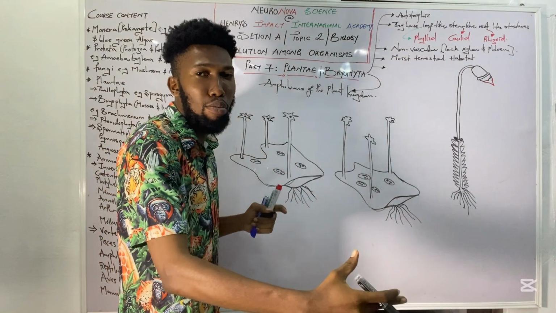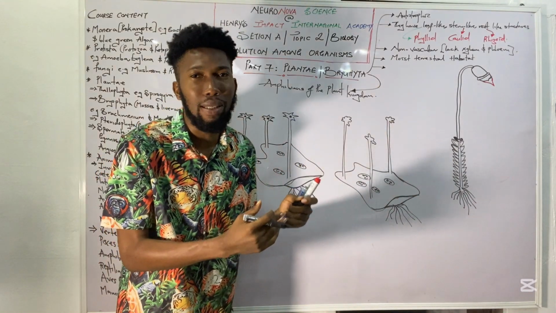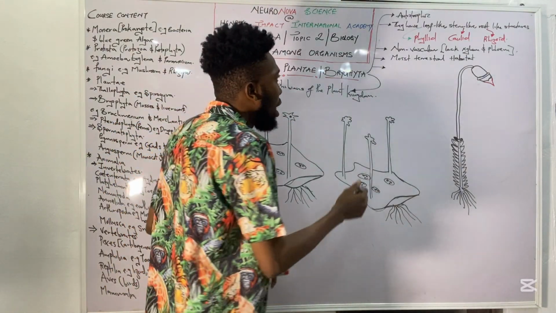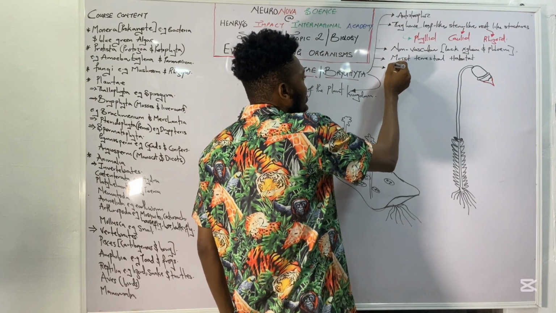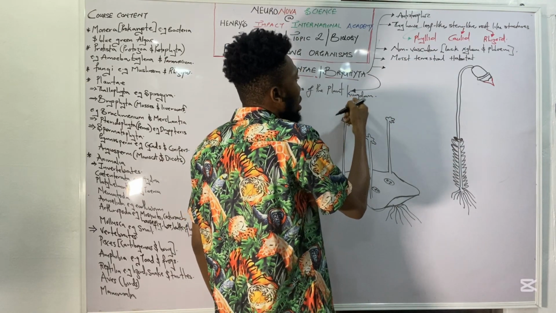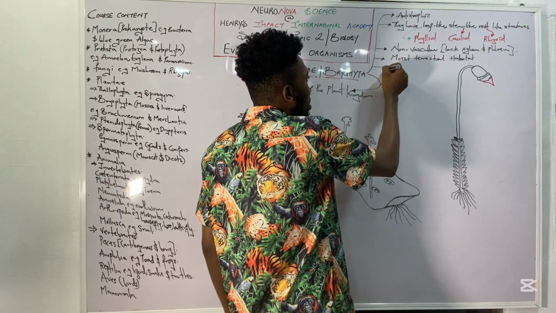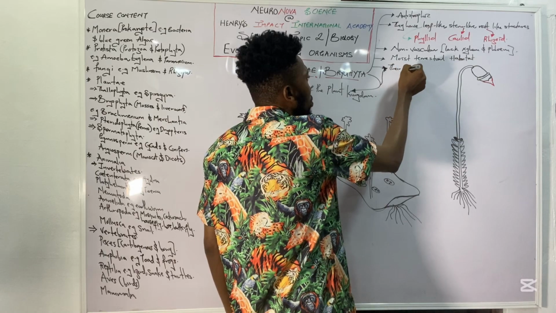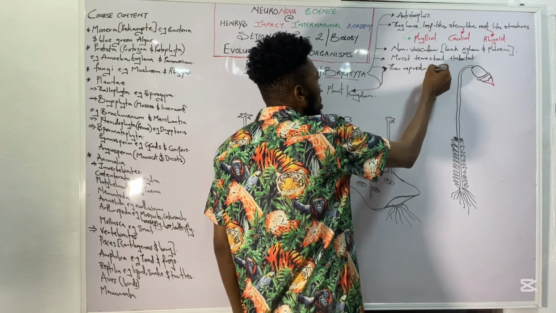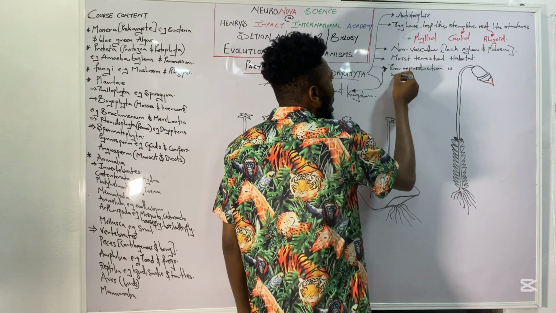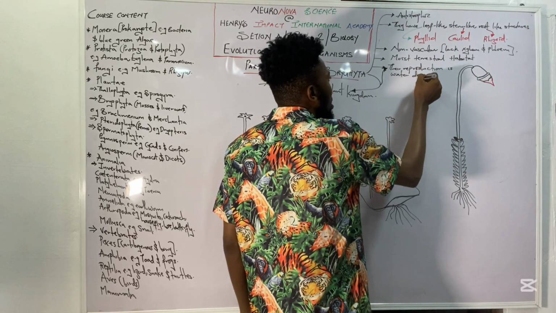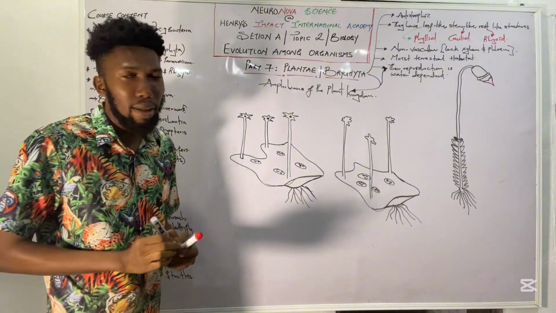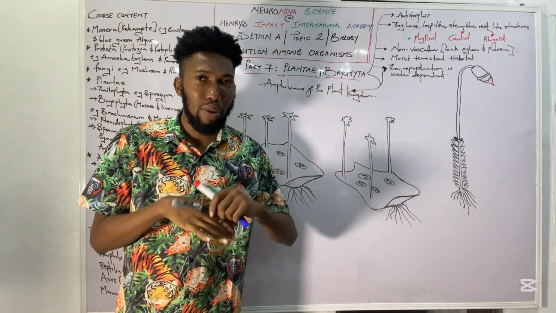They live on land, but some part of their biological processes are still dependent on the aquatic body. So they are referred to as the amphibians of the plant kingdom because their reproduction is water dependent. That's very simple.